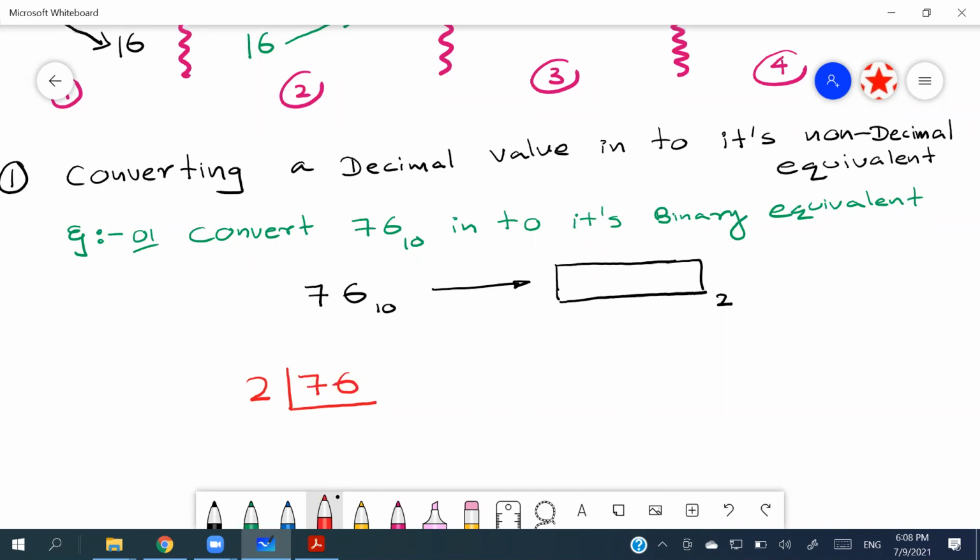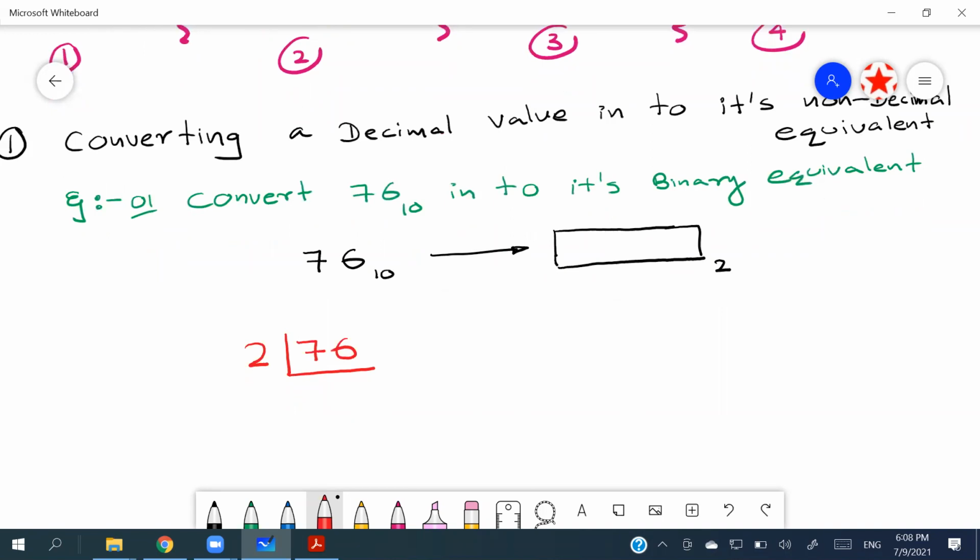So when 76 is divided by 2, what is going to be the answer? There are 3 for 7, so 6 and 1 is remaining. For 16, there are 8. So 38, and very importantly, we have to put a dash and write how many remainders there are after the division.